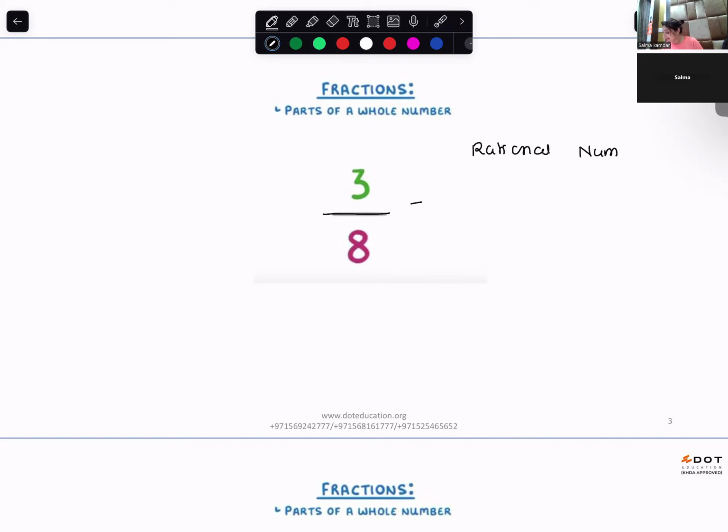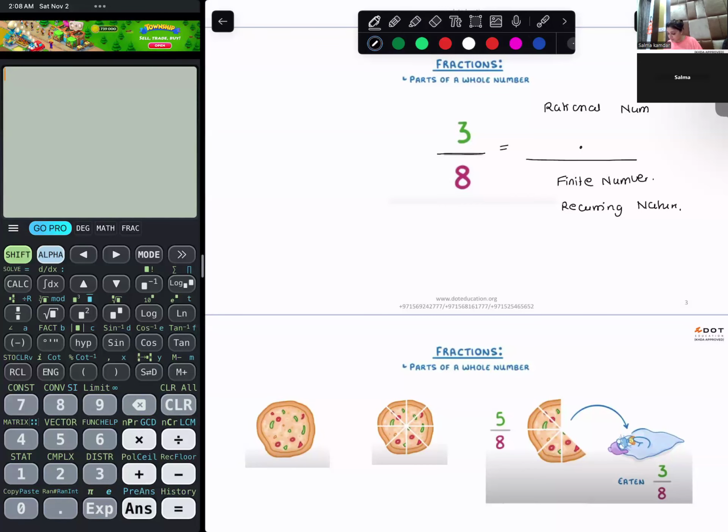And when you divide it, you get the answer in decimals. And if this decimal is up to a finite number, or if this decimal is recurring in nature, this would also become a rational number. Let's take this with an example.